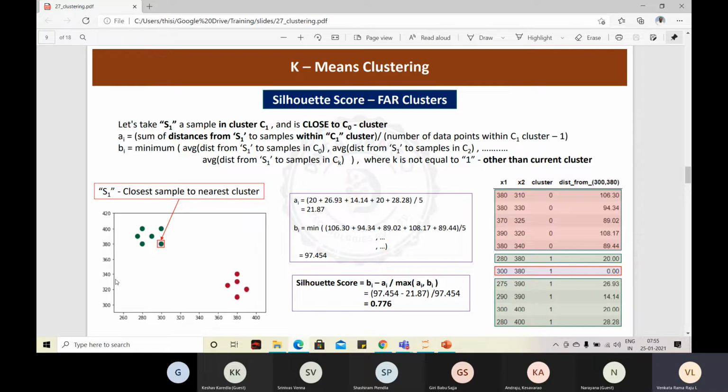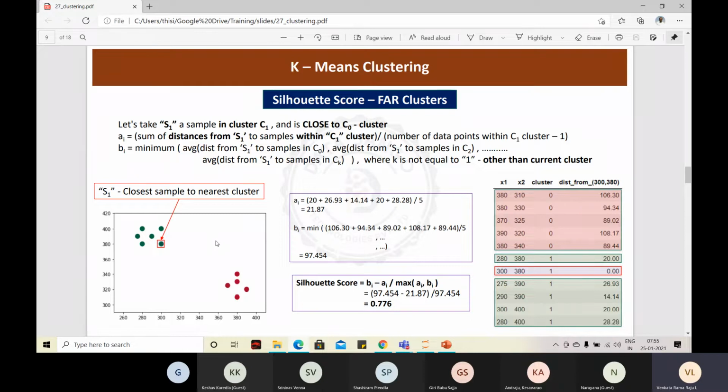And if you look at the green data points, the X is around 260 and 300, and then Y is around 370 and 410, 380 and 410. So these are all green data points, and these are all red data points. I am showing you the distance between this data point and all the data points within the cluster, and this data point and all the data points in the neighboring cluster.